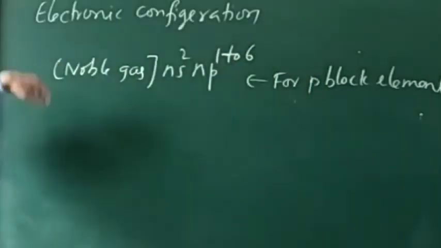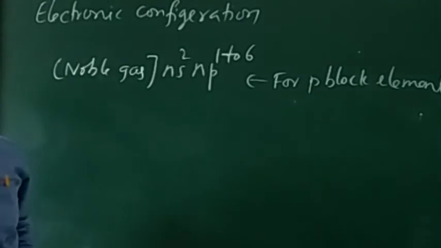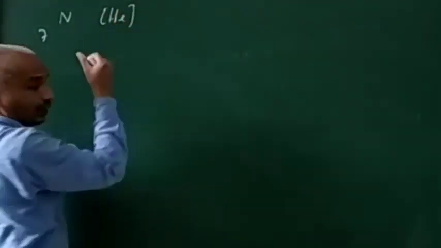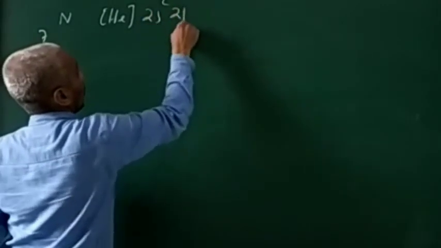Whereas, what is the electronic configuration for the 15th group? Nitrogen, which is the 7th element, I can write as helium core, where 2 electrons are already over, 2s2, 2p3.